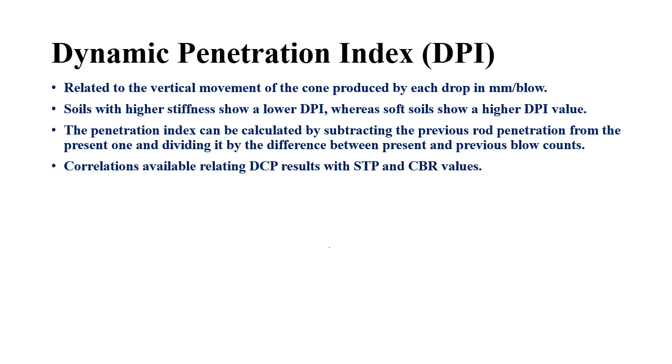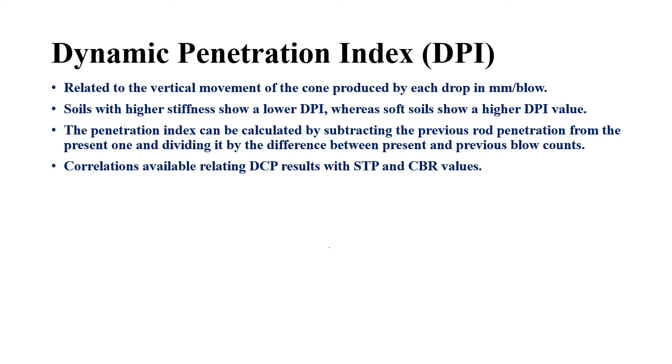Okay, now just like correlations have been derived for SPT penetration number N with other soil properties, as well as the cone penetration resistance qc with other soil properties, just like that there are correlations available connecting this dynamic penetration value with SPT as well as CBR values.